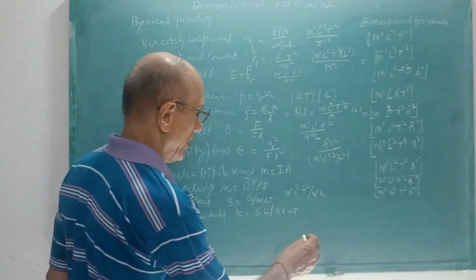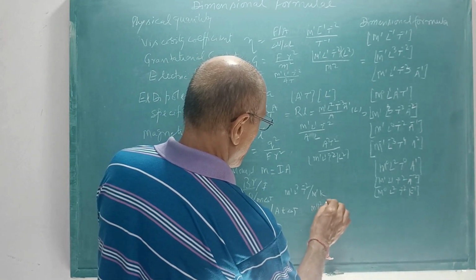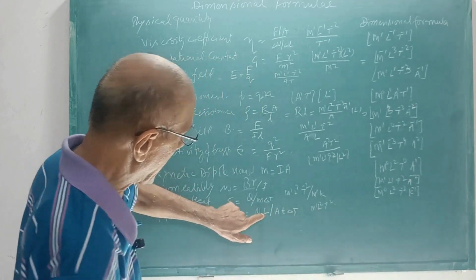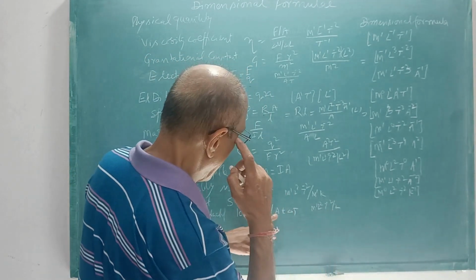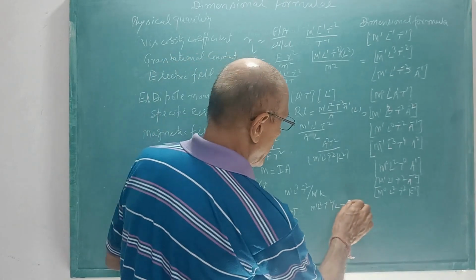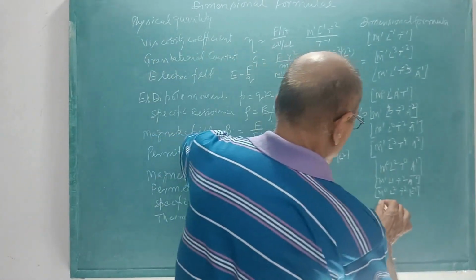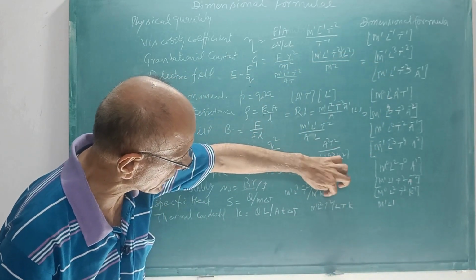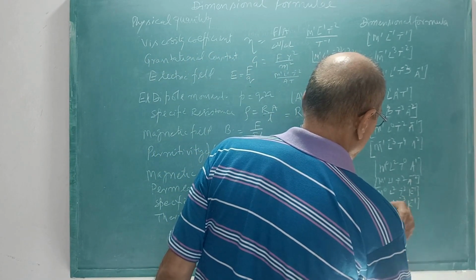So here this Q is heat, energy, M1 L2 T minus 2, into this L, and this area will get cancelled, divided by L2, and this time is T and this temperature is K. So here it will be M1 L1 T minus 3 K minus 1.